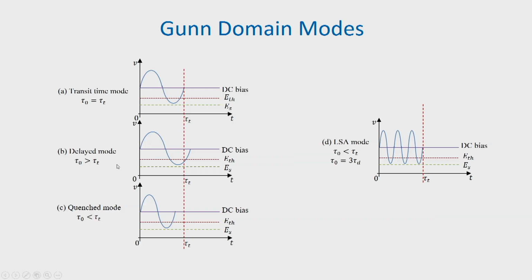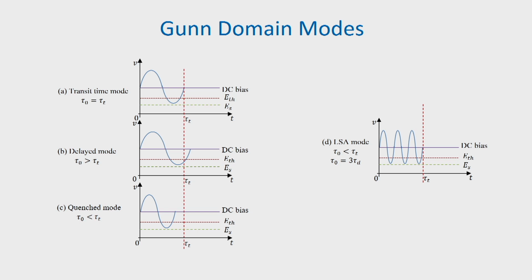Here you can see that even after the domain has reached the anode, the formation of the next domain is delayed till this AC voltage goes above ETH. And the opposite case is the quenched mode, when tau naught is less than tau t.